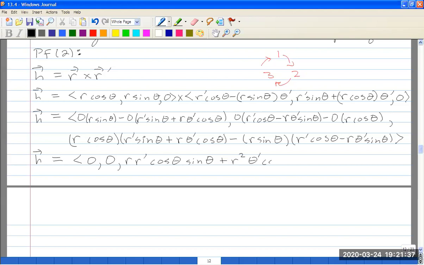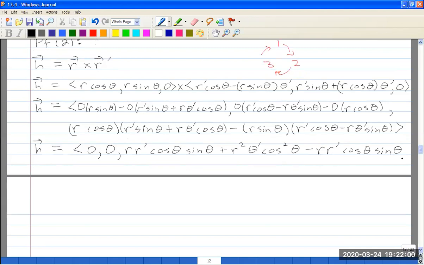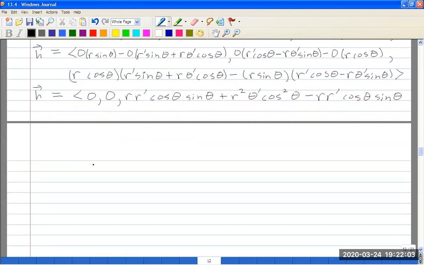Theta prime, cosine squared. Minus R prime, cosine theta, sine theta, minus and minus become a plus, R squared, theta prime, sine squared theta.